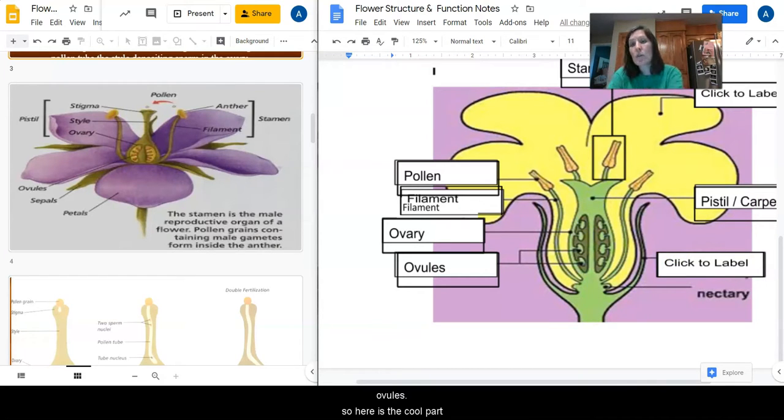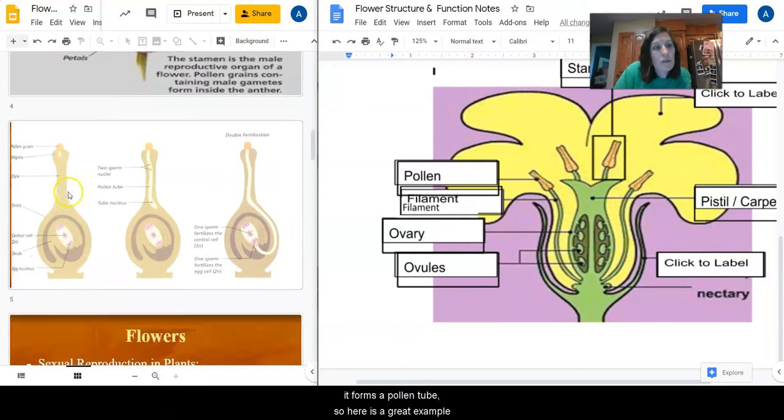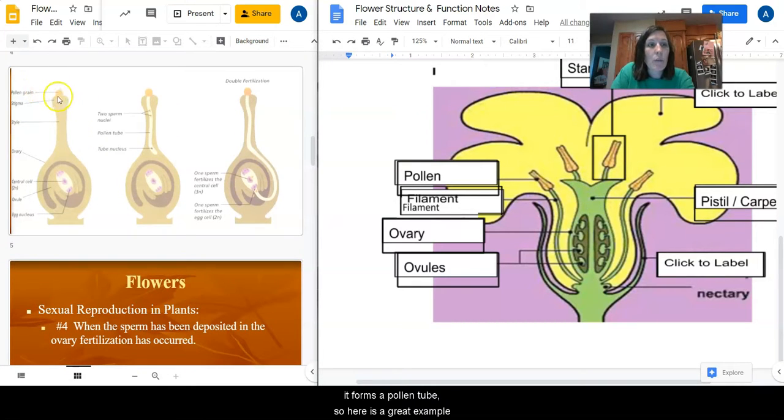All right, so here's the cool part. Once the pollen, which is on the stamen, lands on the stigma, which is the sticky part, it forms a pollen tube. So here's a great example. You have your pollen grain, which is a little yellow thing.